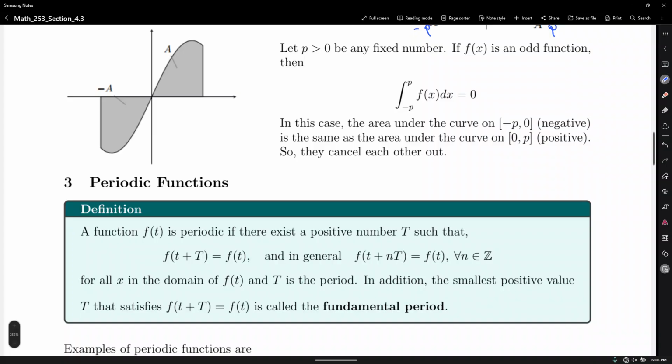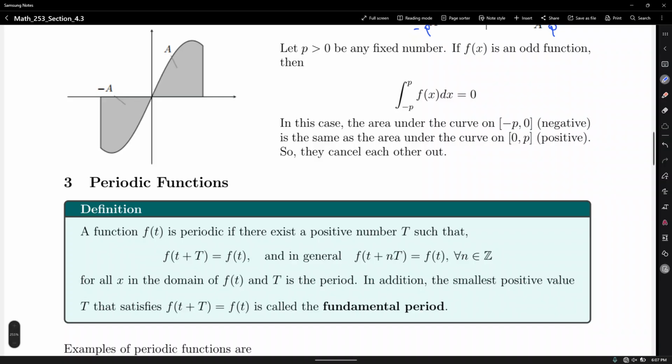We discussed in detail how, for instance, the sine function or the cosine function are 2 pi periodic. If you evaluate cosine of 2 pi, that equals 1. But if you evaluate at 4 pi, 6 pi, 8 pi, those are coterminal angles to 2 pi, and those would output the same function value.